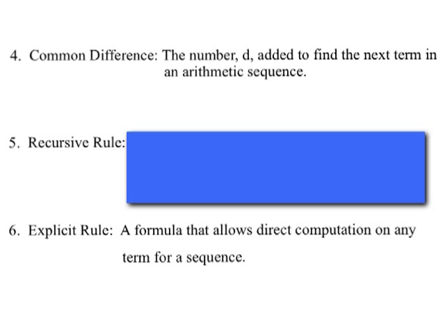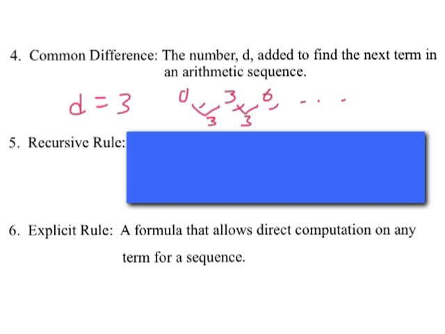Just to give you a quick example, we had 0, 3, 6, and so on and so forth. My common difference right there was a 3 because it went 3, 6, and so on. So my common difference, or my D value, was a 3.